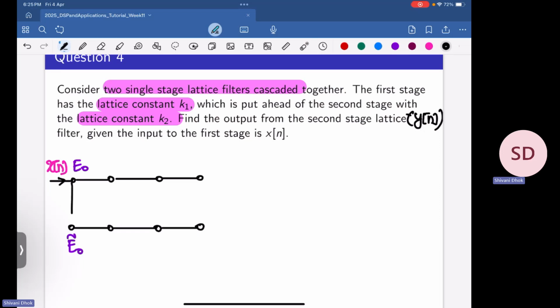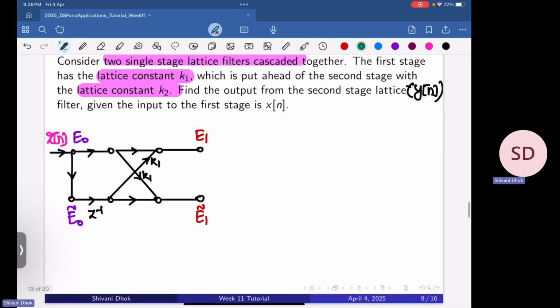And then the same x of n is given to the first stage E0 tilde as well. Now this goes here, and then we have a K1 coming like this, and we have a K1 going like this, and we have a Z inverse here, and this also goes like this. And these two here are E1 and E1 tilde. Now this particular thing that I have drawn here is the stage 1.